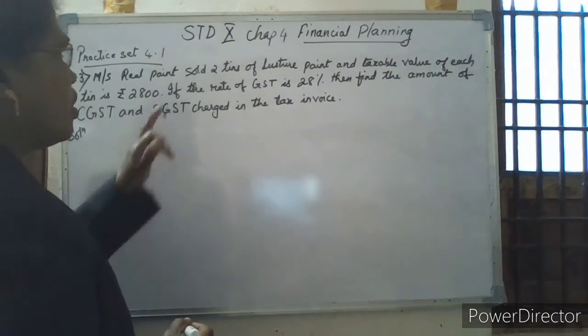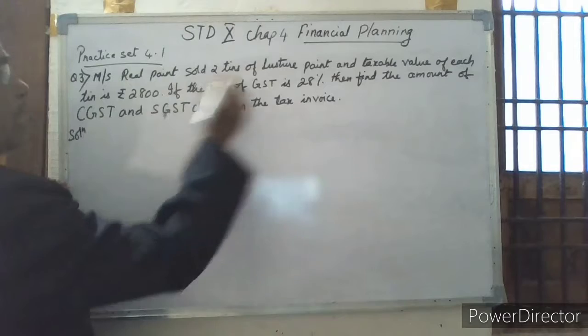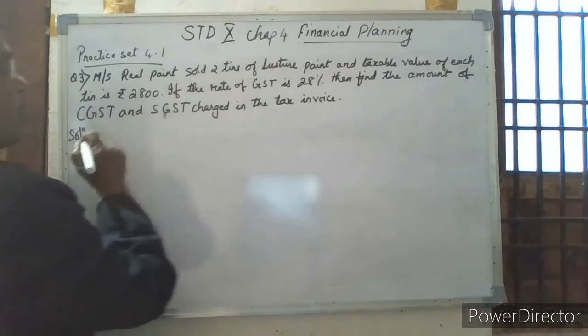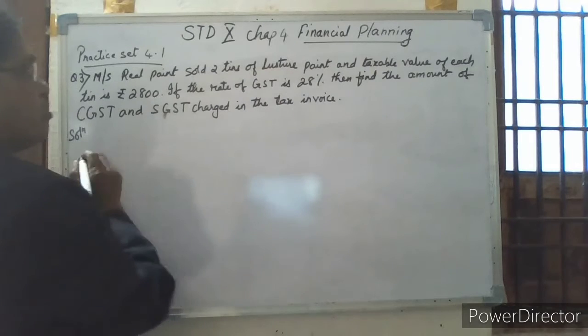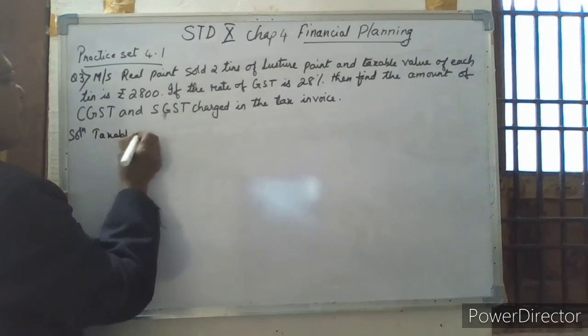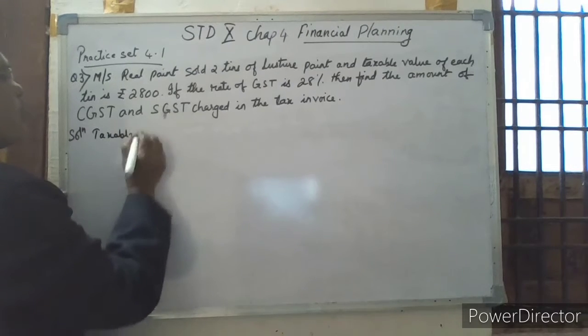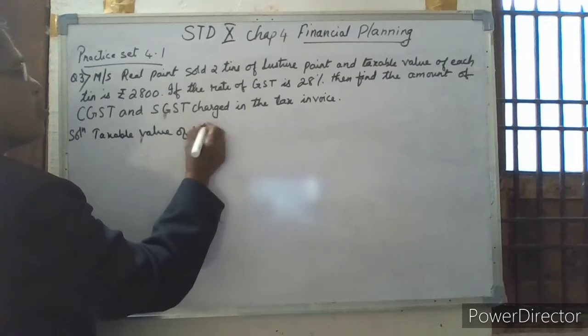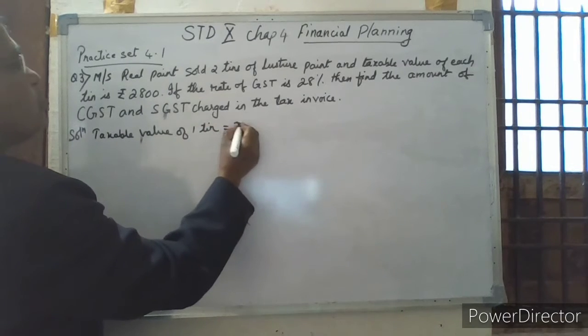Now, the taxable value of one luster paint tin is rupees 2,800, given.